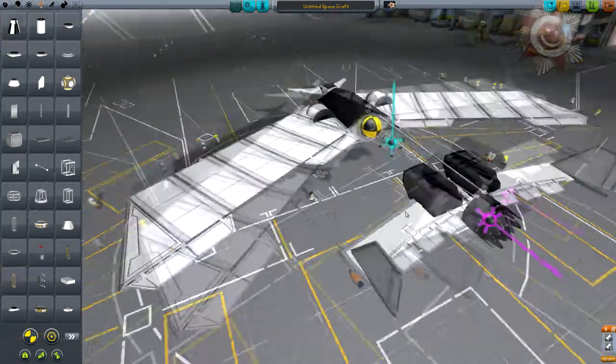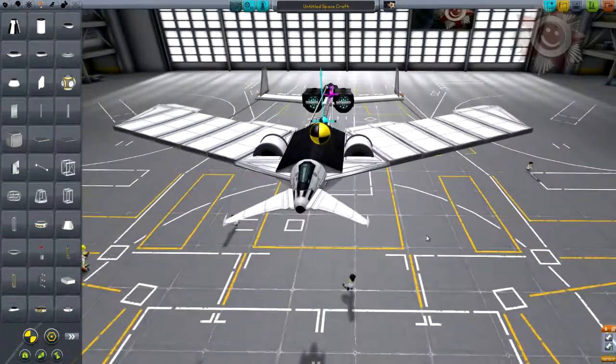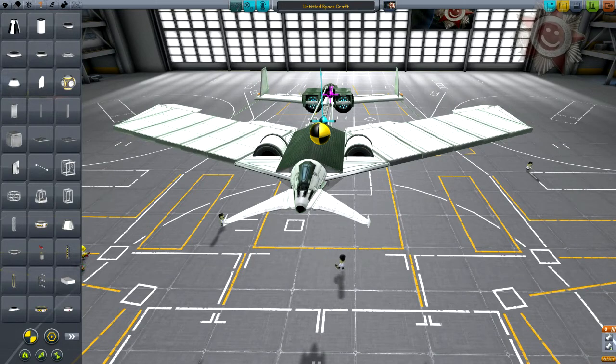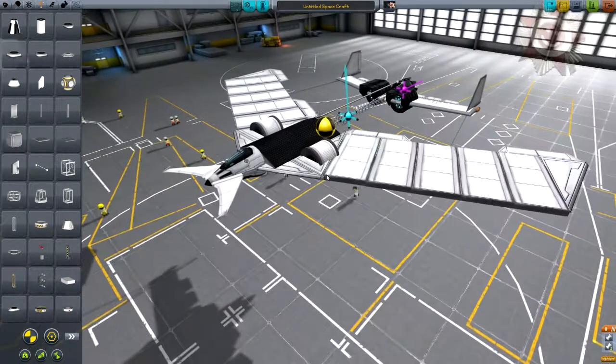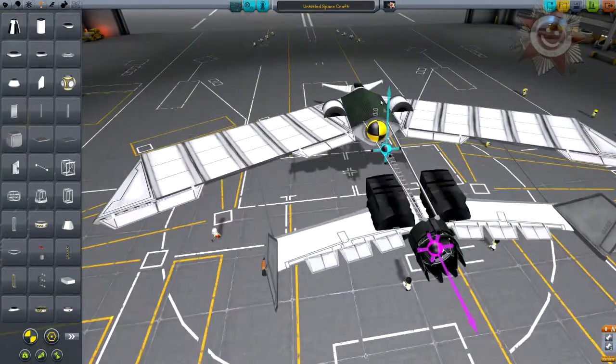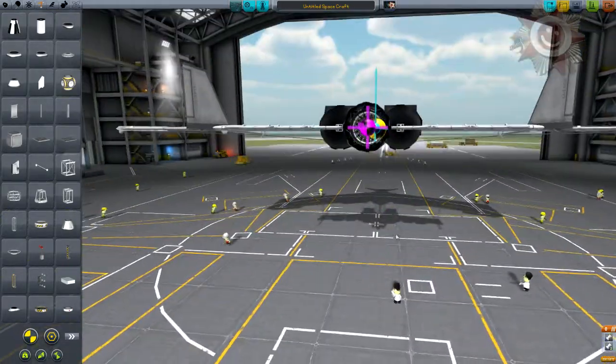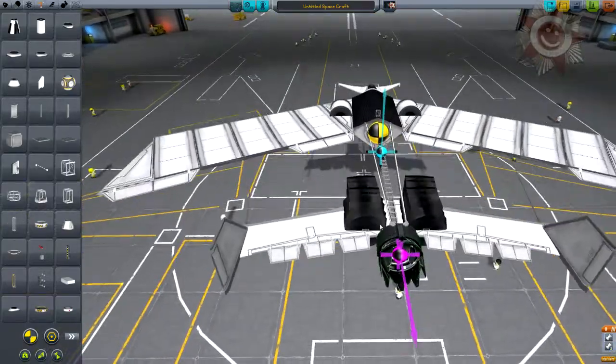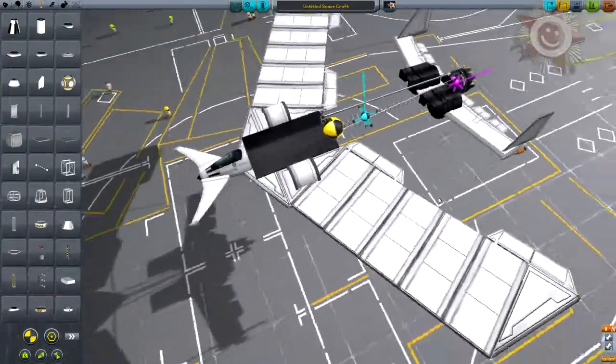Now with the new version, all cockpits have the SAS or ASAS functionality built into them, and the plane will try to steer itself forward.